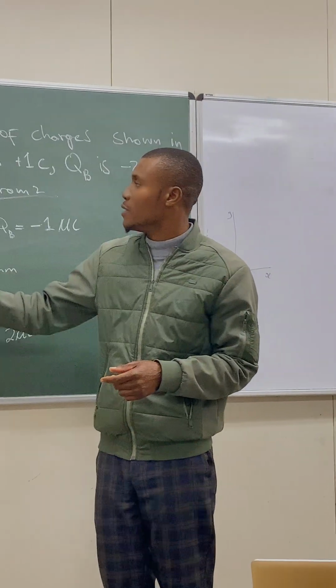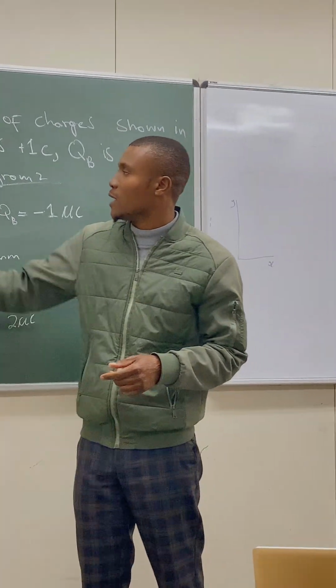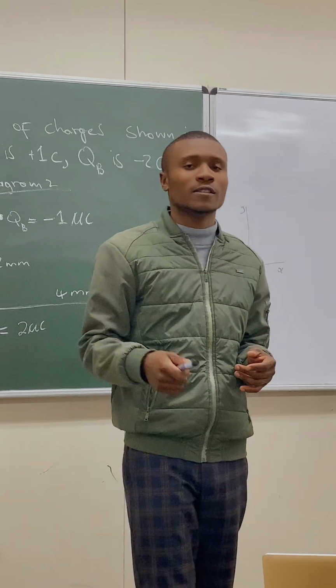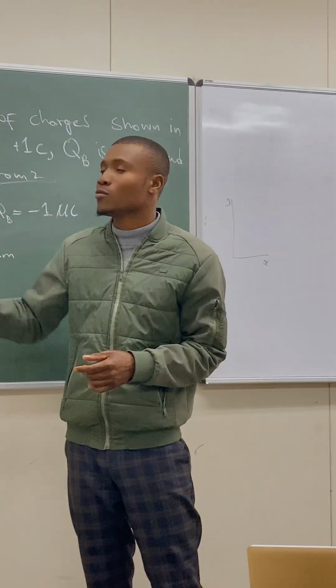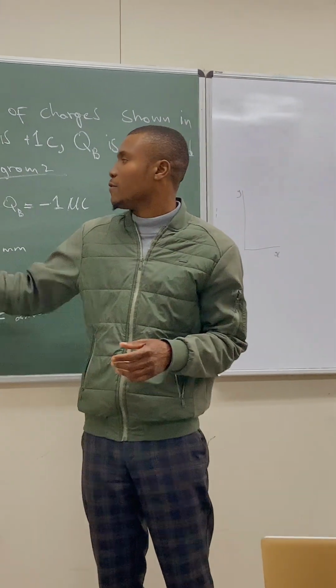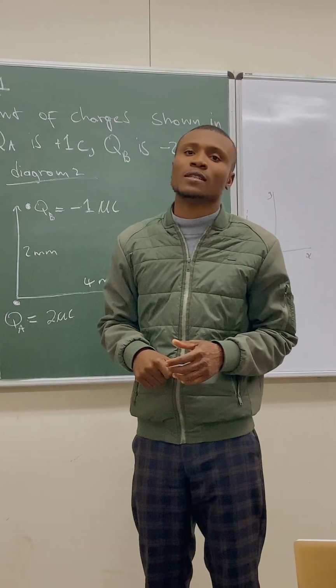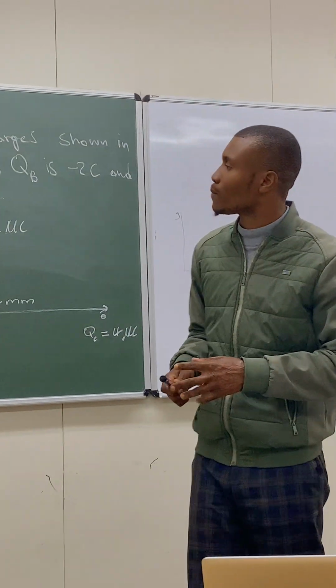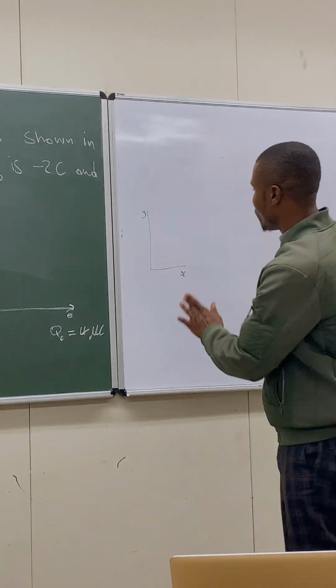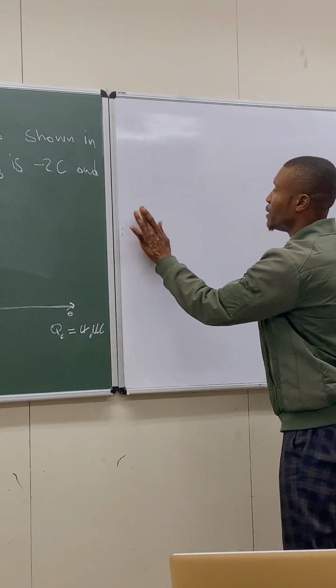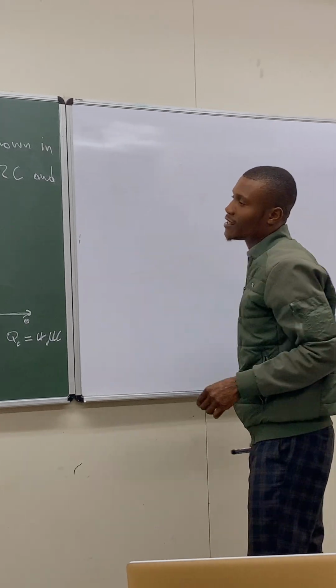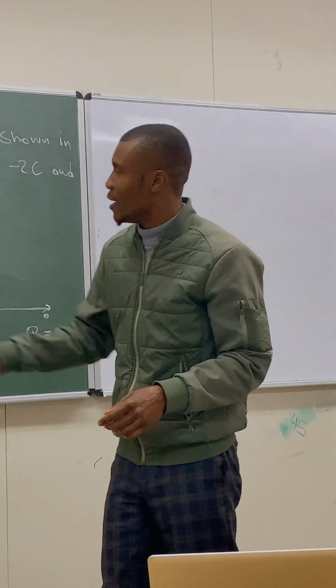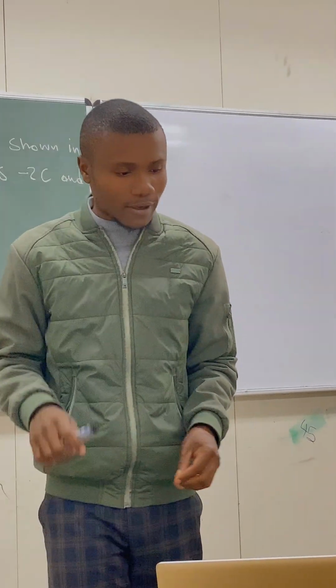But for this one, we are given coulombs. Our distance, this is physics, you know your distance is supposed to be measured in meters, but for this one, we are given centimeters. So we have to convert from centimeters to meters. Before we calculate, let us change our units for distance.